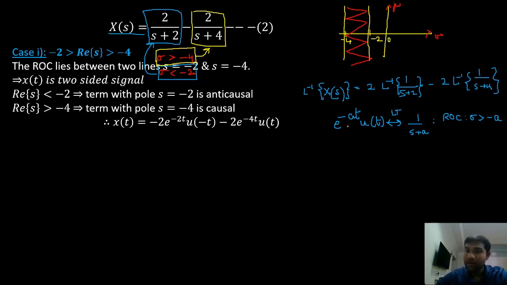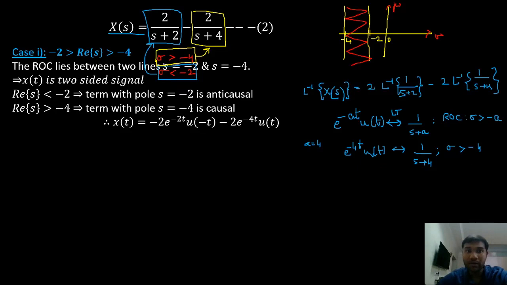If you substitute a equals 2, what happens? Okay, let us substitute a equals 4 first. Then e^(-4t) u(t) has the Laplace transform 1 by s plus 4, and the ROC is sigma greater than minus 4.